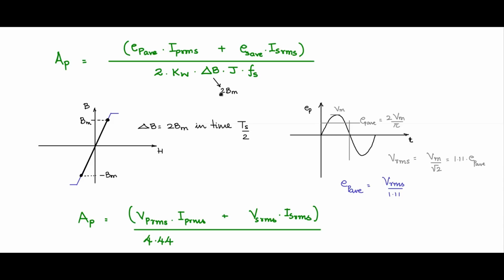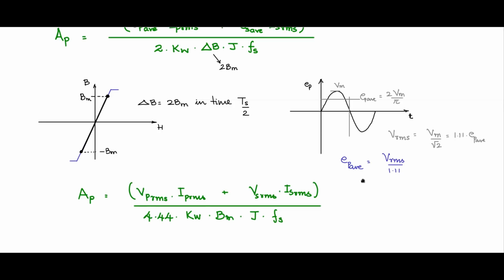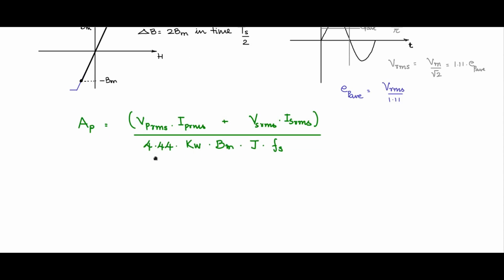Delta B has 2 BM, so it becomes 4.44. Then KW, BM, J, Fs. Now V primary RMS into I primary RMS is the power on the primary side, and V secondary RMS and I secondary RMS is the power on the secondary side.